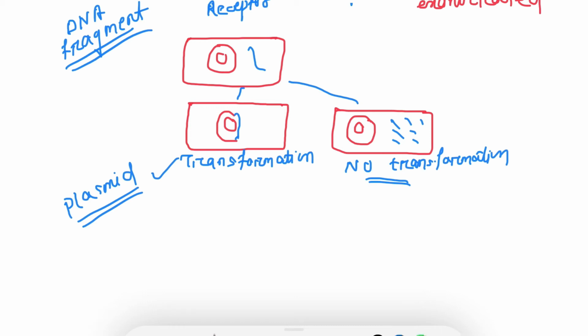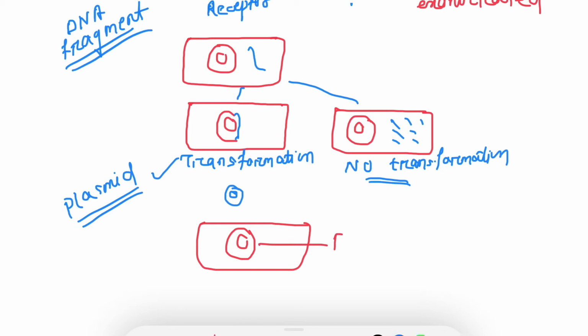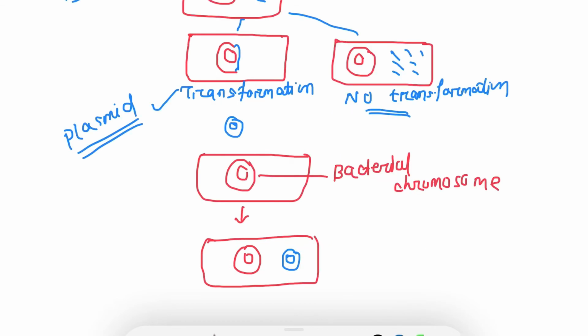Let's say this one is the plasmid, and this is our bacterial cell. The bacteria has its own chromosome, this one is the bacterial chromosome. During the transformation, it will take up the plasmid, resulting in stable, successful transformation with no degradation.